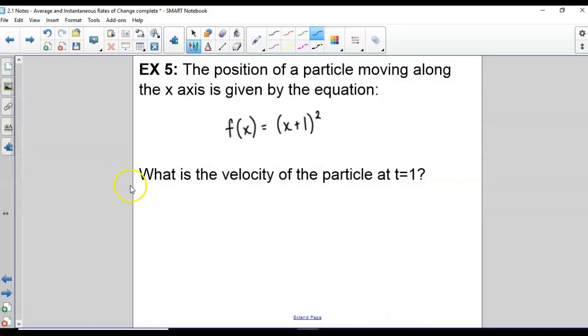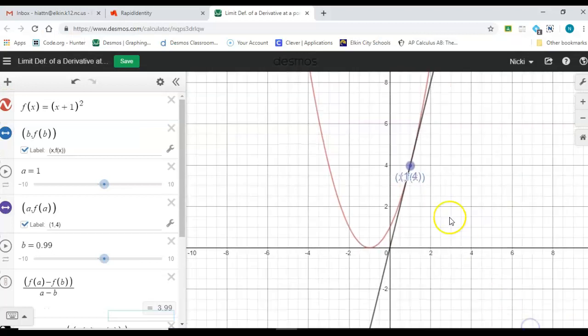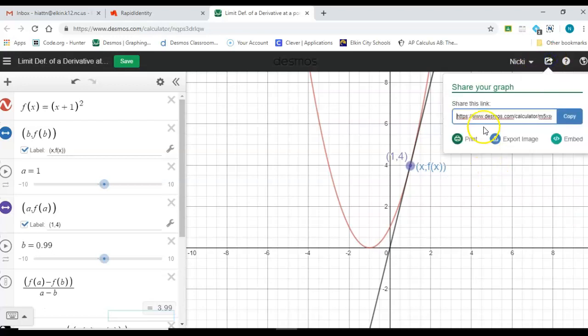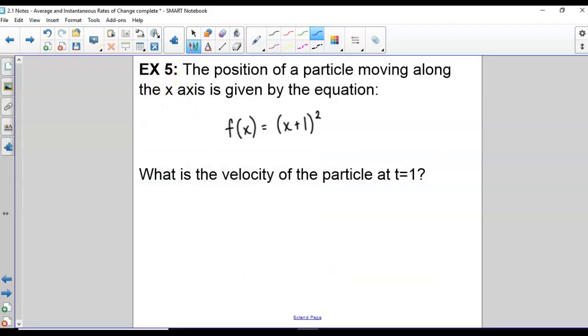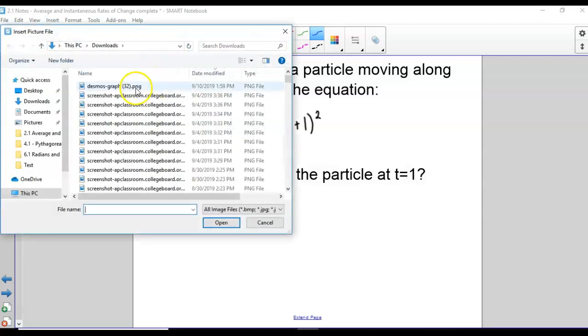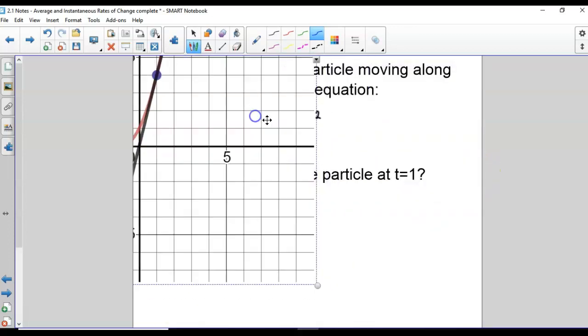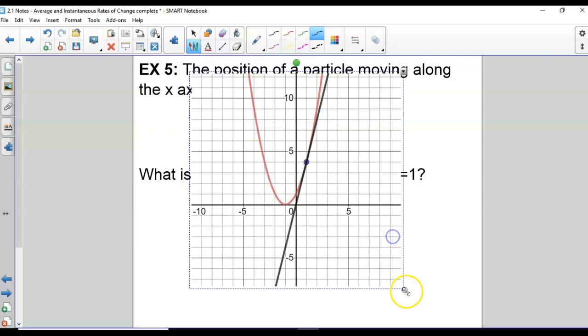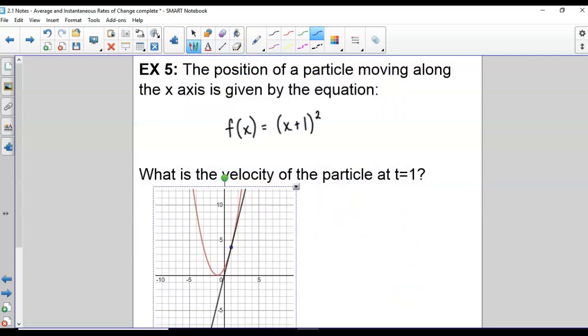Actually no, let's talk about why that slope is what we want. Whenever we look at that graph right there, this graph gives me position.